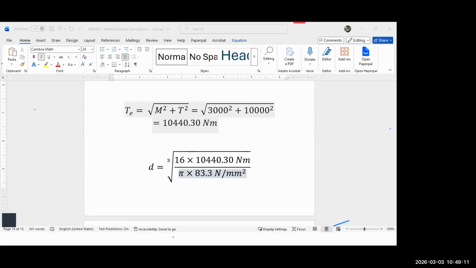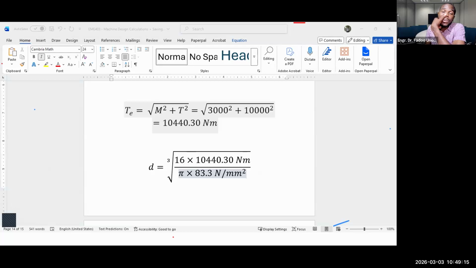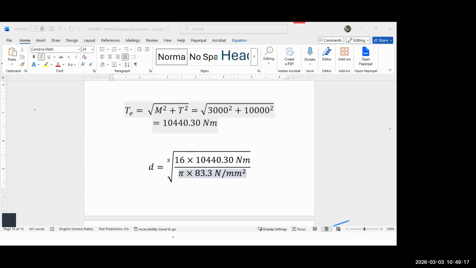Divide by 1,000? No. Times 10 raised to power 3.